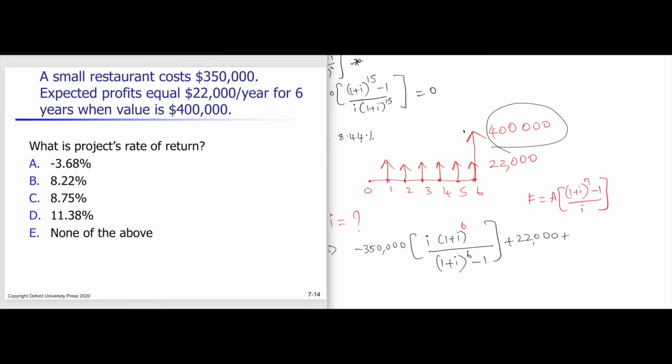So using that formula, what I can write is the F is given, so what is A from this formula? Because we're writing everything in terms of annual. So that would be 400,000 times I over 1 plus I to the power n minus 1. So this formula has to be equal to 0.